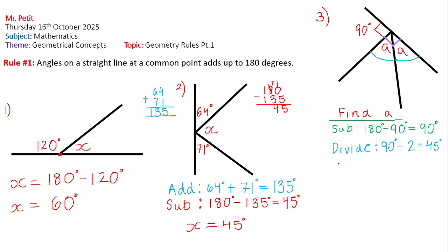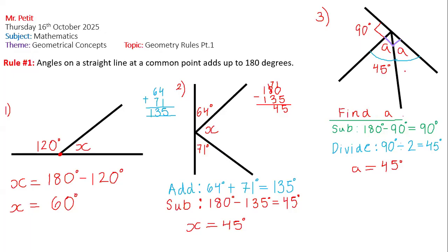All right. So we subtract, then we divide. And so that means that A is equal to 45 degrees. And it makes sense, because this is a good way to check.